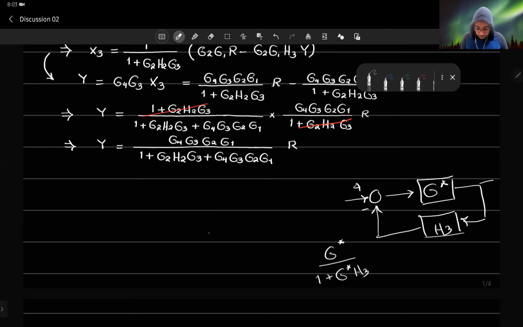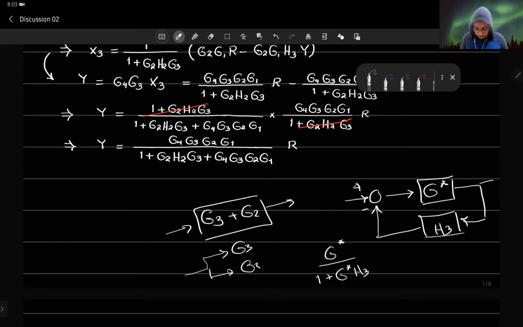There are also other rules, where if you have G3 plus G2 as a transfer function, you can split it into G3 and G2 and then sum them together, and so on.